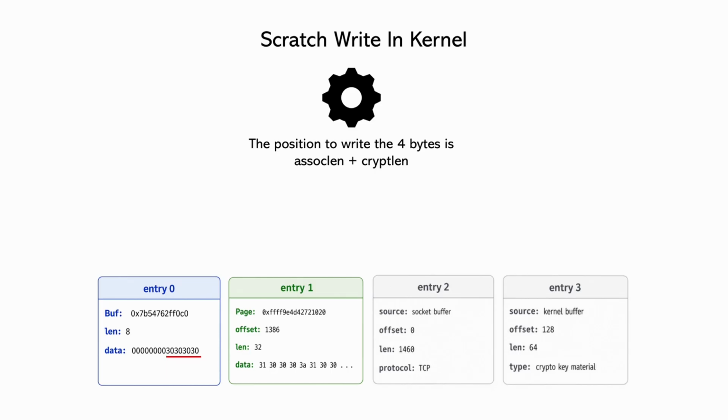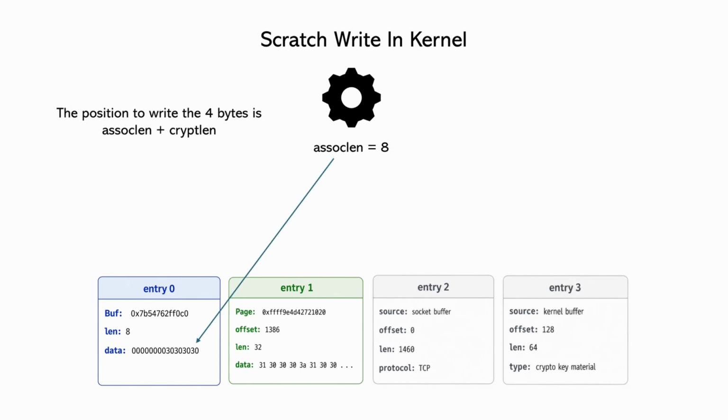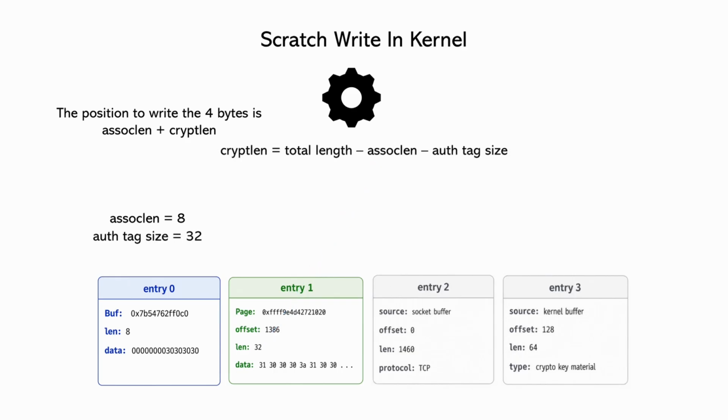The crypto function needs to perform its 4-byte write from AAD into the scatter list below at the location assoclen plus cryptlen. Assoclen is our AAD, so it equals 8 bytes. Cryptlen is the total length of the data we sent in minus the assoclen minus auth tag size.